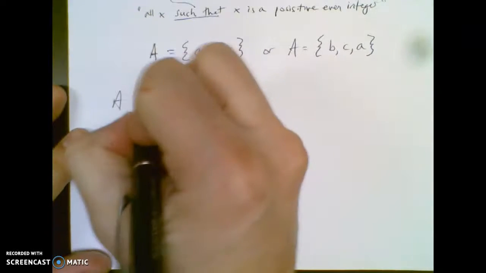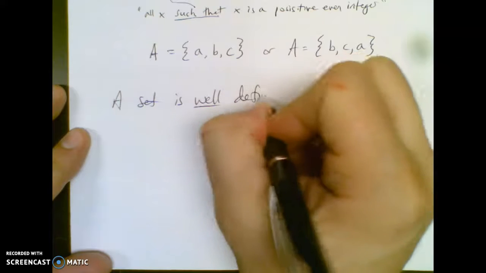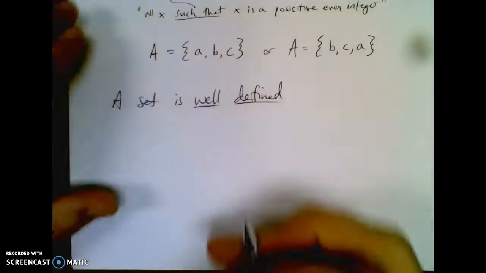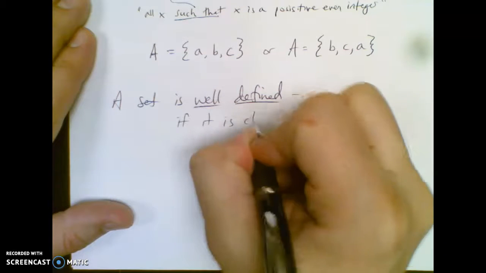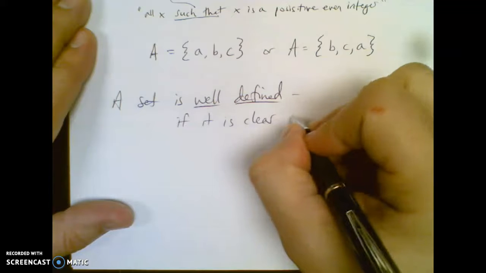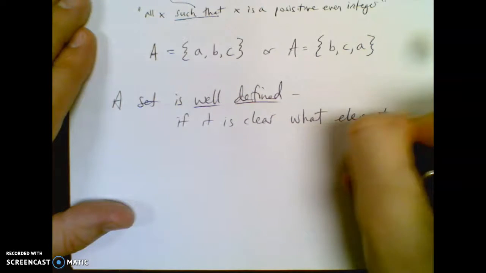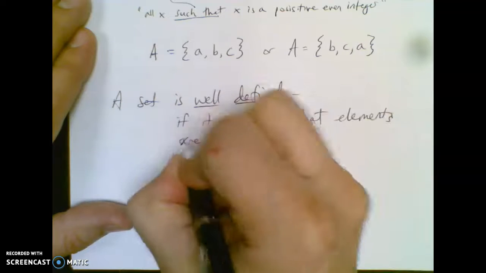All right, so new definition. A set is well defined if it is clear exactly what elements are in the set and what elements are not in the set. Not the best definition ever, because you're making assumptions about what people know.